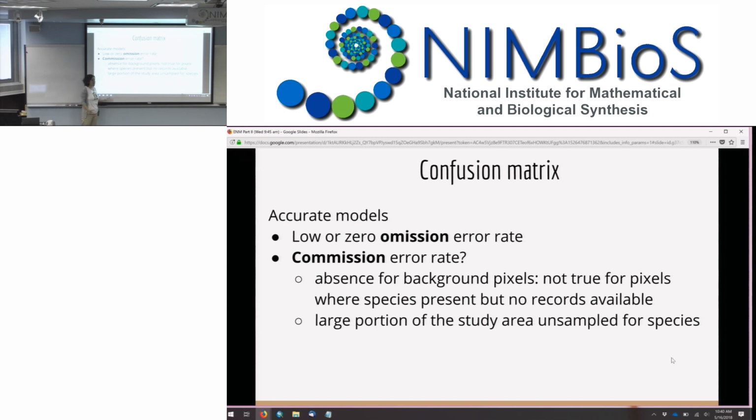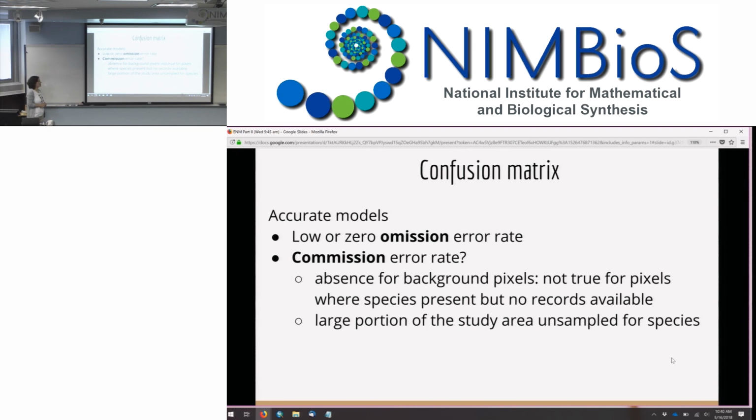The species occupies those pixels. We are sampling them as background. We shouldn't be expecting them to be predicted absent, but because they are pooled in this background sample, they will be predicted absent.